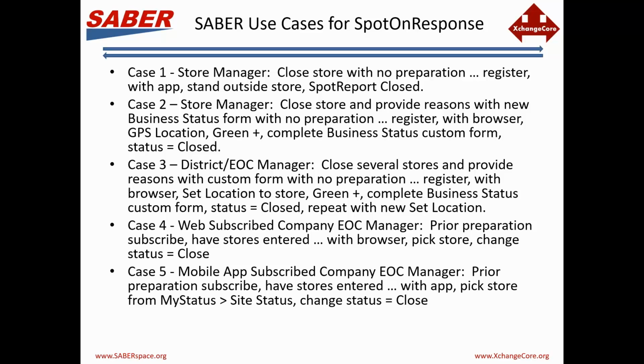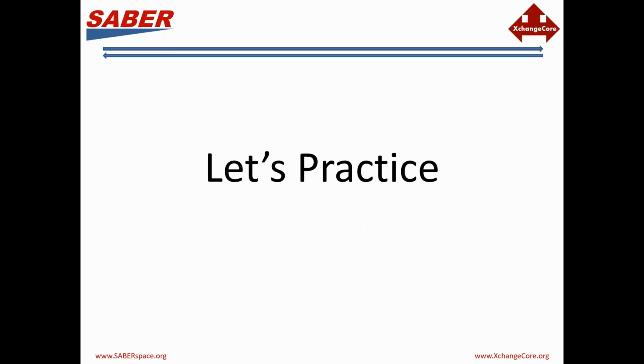And then lastly, the case where we have, again, a subscribed application, and it is the ability to go off and create a variety of different stores, pick them off of the app, and be able to see them operate. So with that said, let's practice.